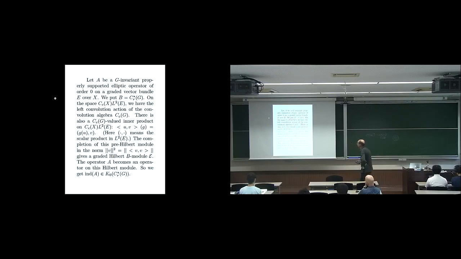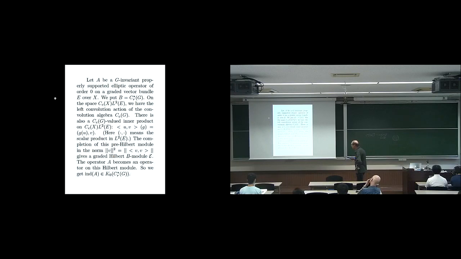So we make this space first a module over C_c of G with inner product with values in C_c of G. Then we define the new Hilbert module norm using this new inner product and get a Hilbert module. The operator becomes an operator on this Hilbert module.